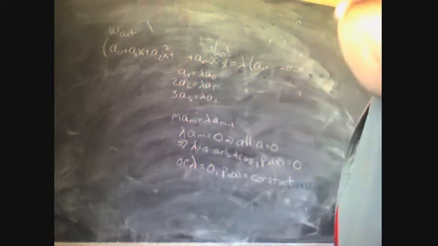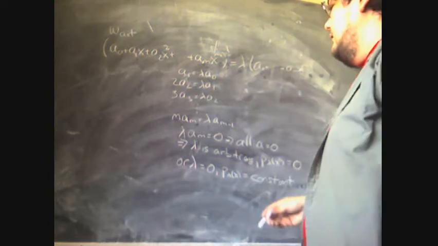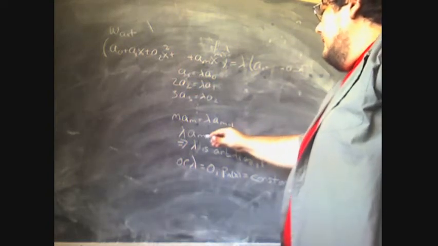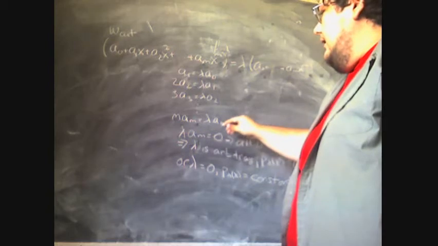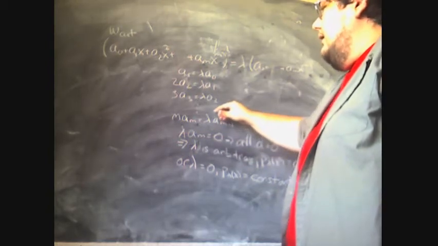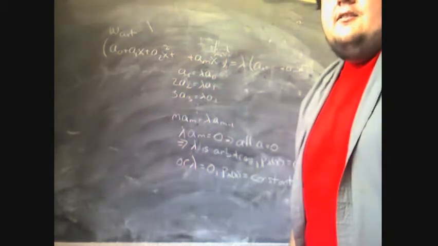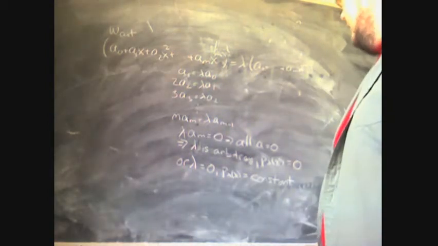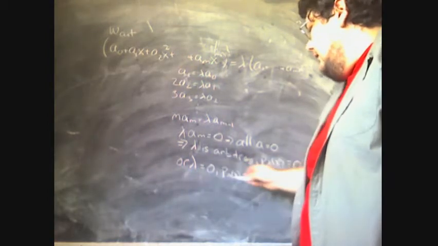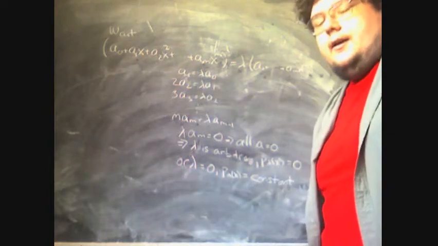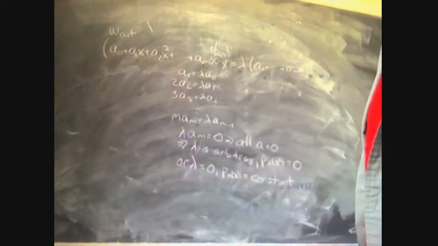So that's good. The other possible combination is that a_m is 0, but then a_(m-1) is 0, and a_(m-2) is 0, and basically they're all 0. But that's not exciting, so we don't really care about that one. So the important one is that our constant function has eigenvalue of 0.